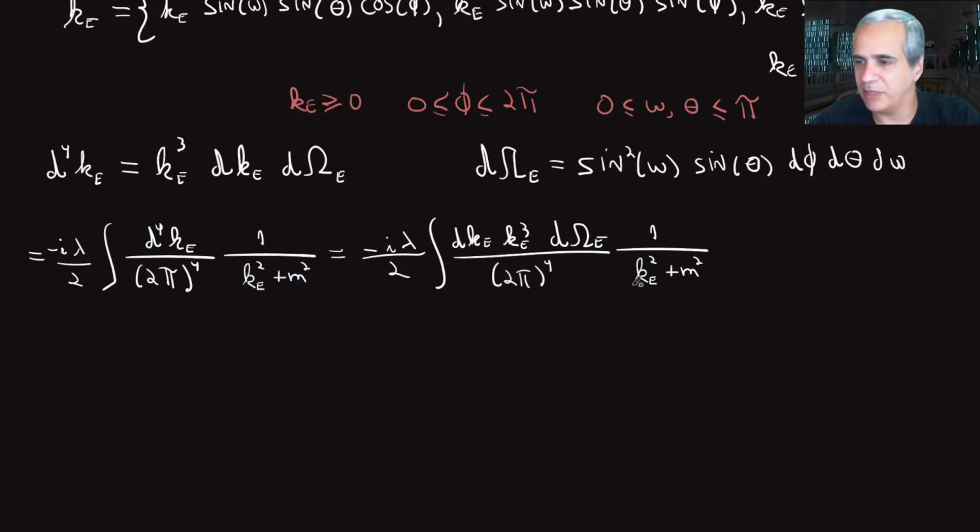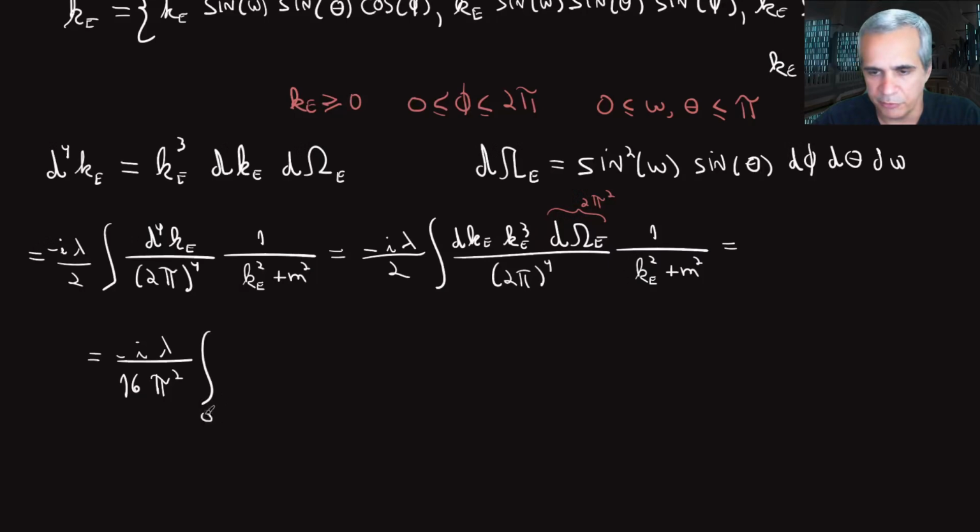And this is just dependent on the size of this vector, not on the angles. That means I can do the angular part easily, right? You can do all these integrals with these measures, and you'll find out that this will be just 2 pi squared. So this becomes just minus i lambda over 16 pi squared, because I did some cancellations between the 2 pi squared and these factors here.